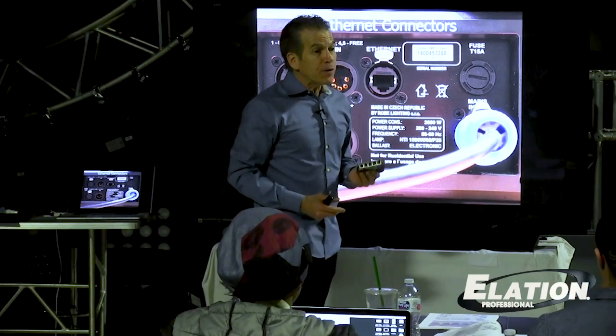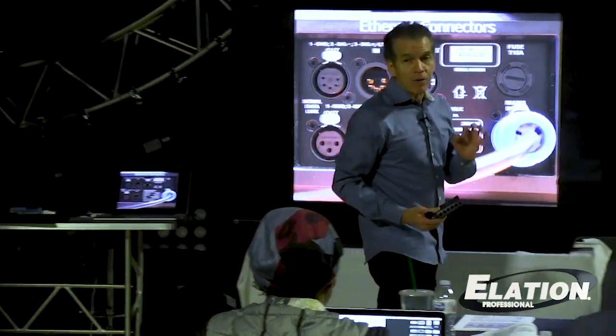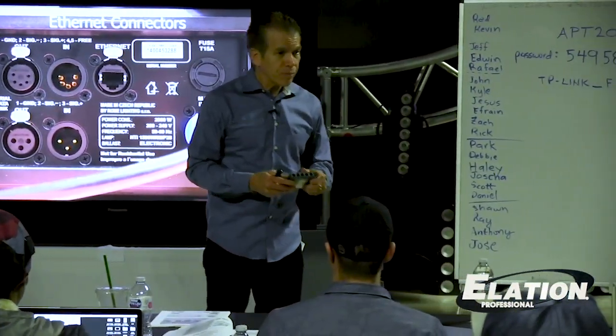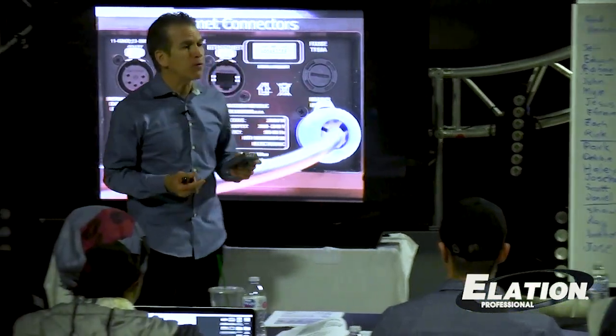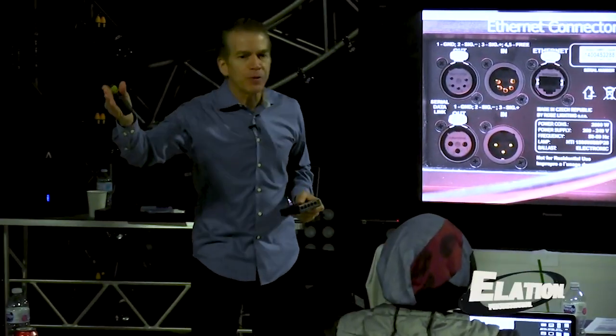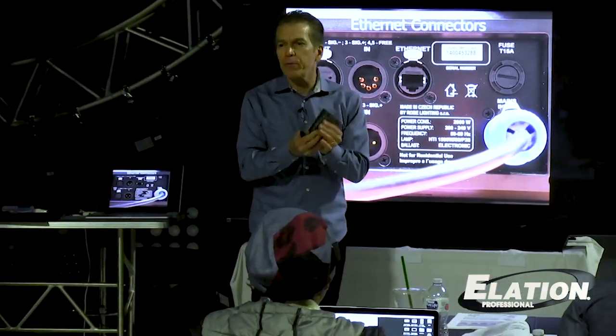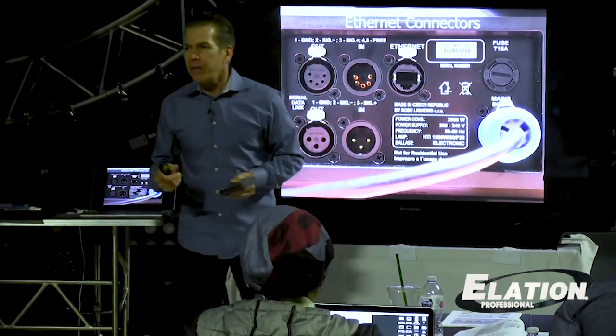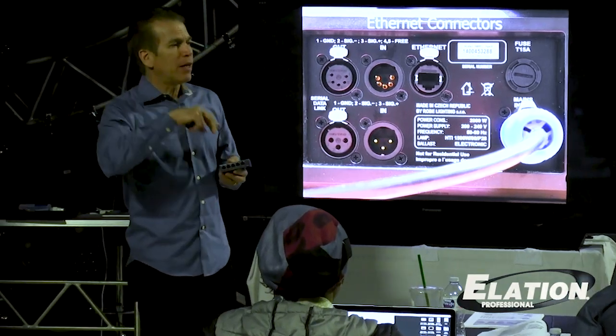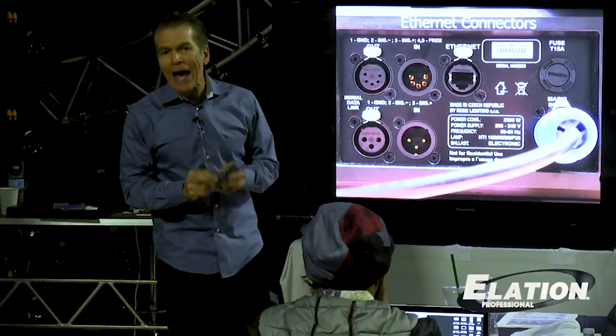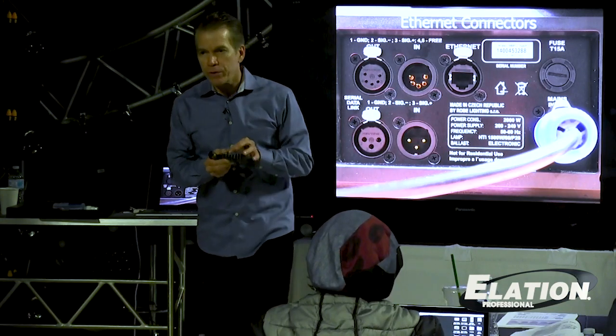Now, if you have fixtures like that with 2 Ethernet ports, you really have to be careful, because here's what can happen. Suppose, for example, you set up the console to output ArtNet, and you have a fixture that has a 2-port switch in it. What happens is that the console will send an Ethernet packet to the fixture, to the switch.